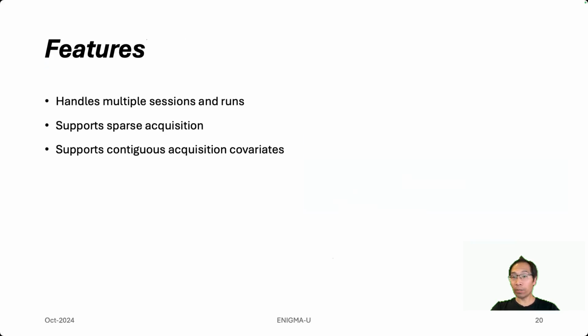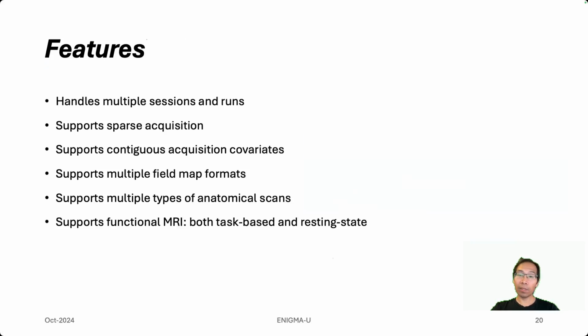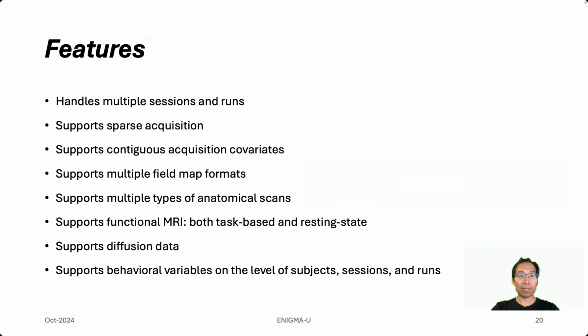Third, it supports continuous acquisition covariates. Fourth, it supports multiple field map formats. Fifth, it supports multiple types of anatomical scans, for example, T1 and T2. Sixth, it supports functional MRI, both task-based and resting state. Seventh, it supports diffusion data. Eighth, it supports behavioral variables at the level of subjects, sessions, and runs.